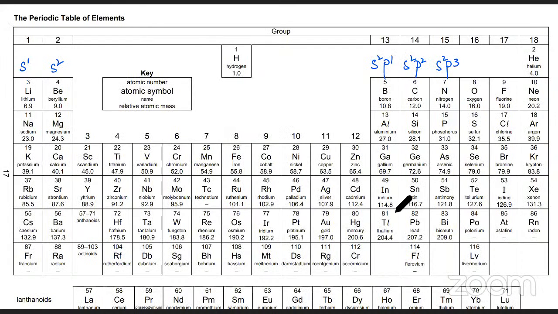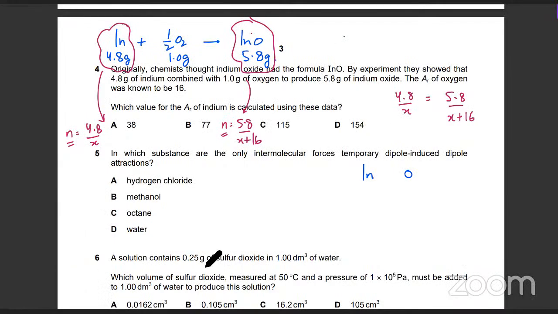It's 114.8, right? Yes. So what is the question then? There's nothing in the question. It's 114, so it's probably going to be this one. But 114.8 is basically an average atomic mass, right?